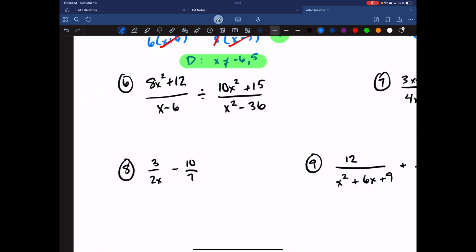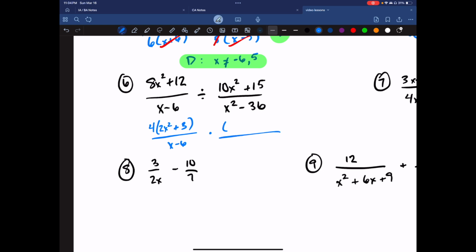All right. Once again, you want to take out the GCF and all that stuff. So I can take out a 4 here. And that's going to leave me with, oops, 2x squared plus 3 over x minus 6 times, and then I'm flipping this.